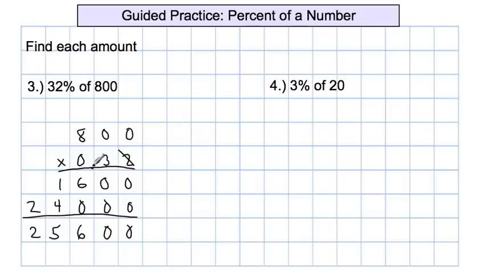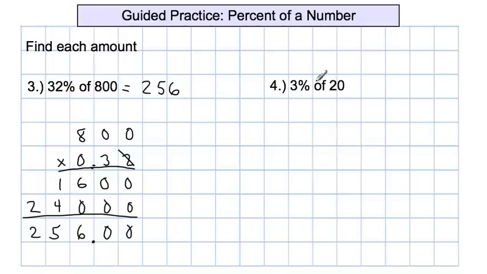We have 2 decimal spaces in the factors, and so there'll be 2 in the product. 32% of 800 is 256. Right, 256.00. But again, we don't need to put the decimals and the zeros on there if there's nothing there.